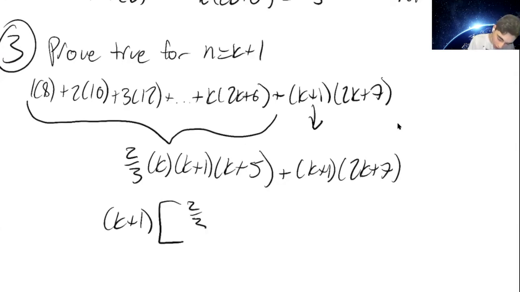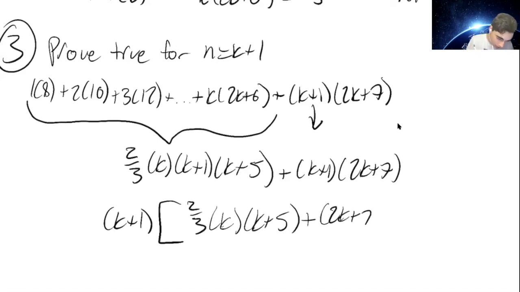We have 2 over 3 k, k plus 5, plus 2k plus 7. I think it's 2k plus 8. It's not 2k plus 7. My apologies, I messed that up. It's 2k plus 8, because what you're doing is you have 2 times k plus 1 plus 2, which is 2k plus 8.